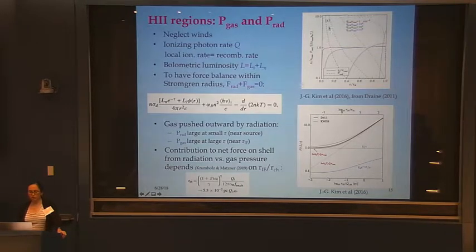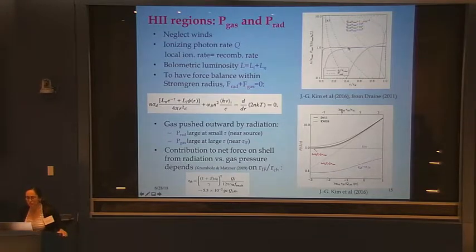What's shown here are the profiles: the dashed ones are showing the radiation pressure, and the solid curves are showing the gas pressure. You can see that as you turn up the radiation field, so this is a relatively low Q. What's Q? I can't read it.